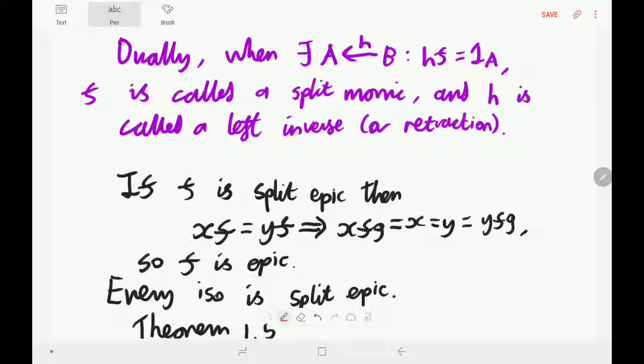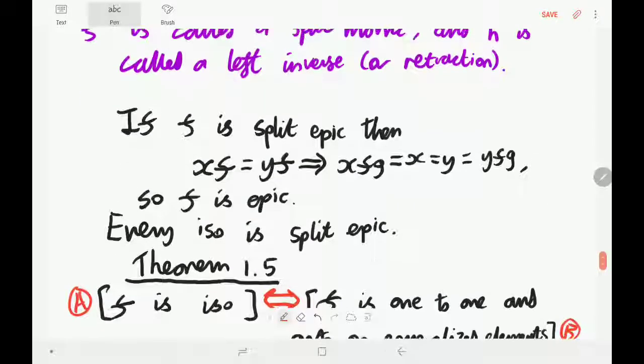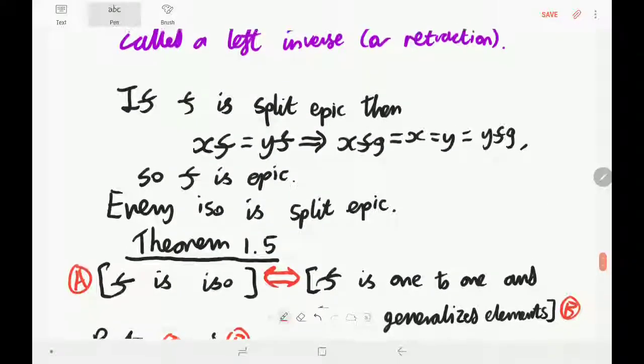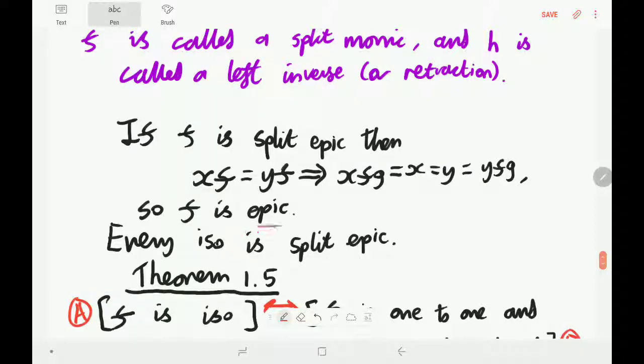We can see that because assuming F is split epic, we have XF equals YF implies XFG is YFG, where G is this right inverse, so we get X equals Y. Now, clearly every iso is split epic because its inverse is also a right inverse.